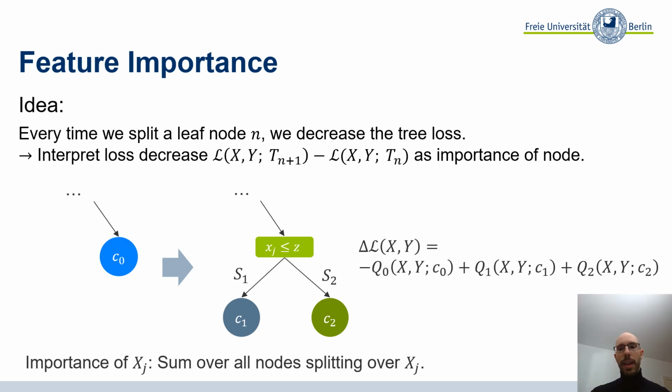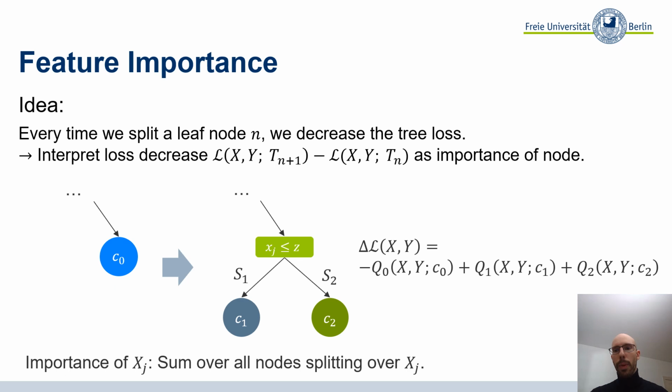Now there's another very nice property of interpretability for decision trees, namely that we can easily get a sense of the importance of features, or variables, of our data. The way we can do this is by looking at the change of loss when we add new leaf nodes to our tree.